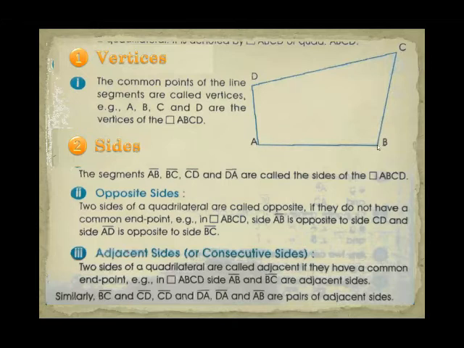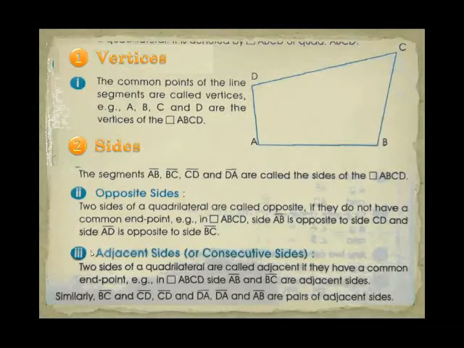CD and AB are opposite to each other, and the side AD is opposite to the side BC. Or we say that the side BC is opposite to the side DA. These are the opposite sides of the quadrilateral. It means that they do not have a common endpoint.